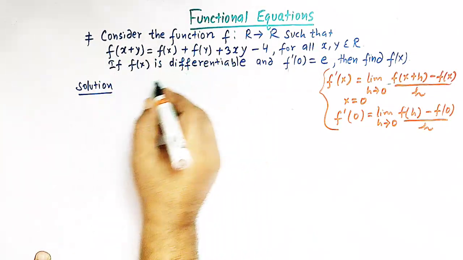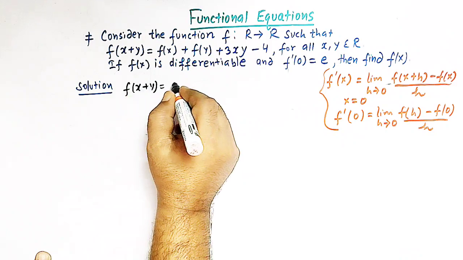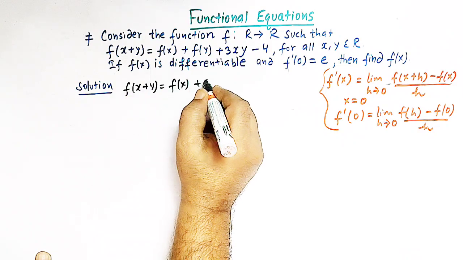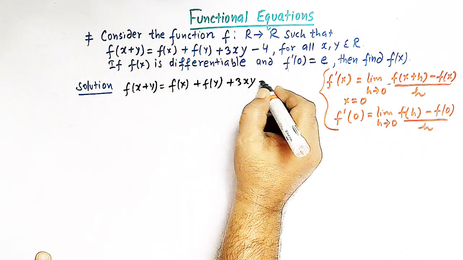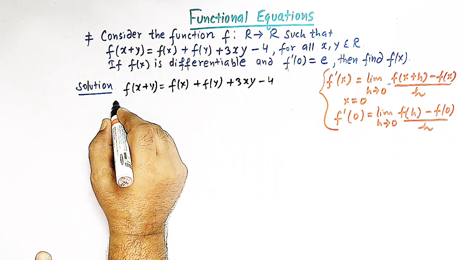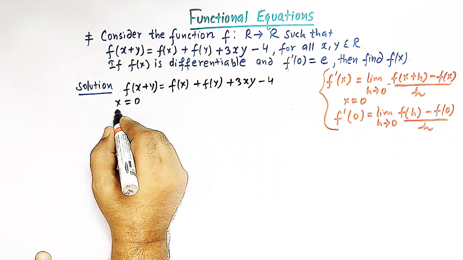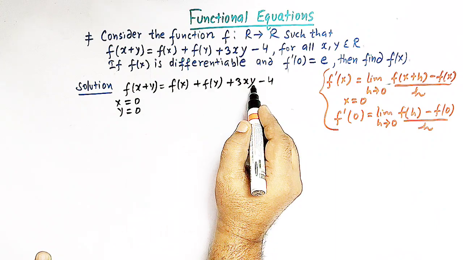Now let us write this equation, that is f of x plus y is equal to f of x plus f of y plus 3xy minus 4. Let us substitute x equal to 0 and y equal to 0 in this equation.